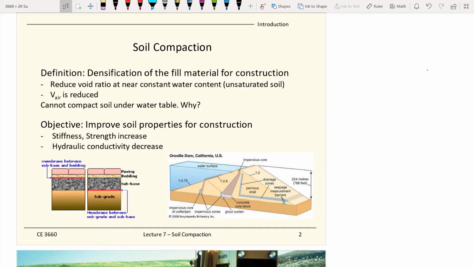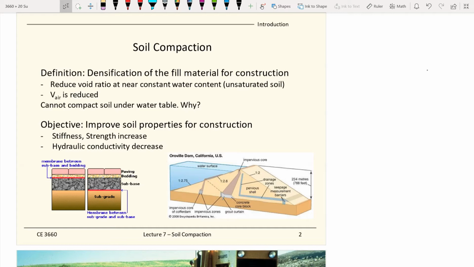So for design, well-graded gravel, or clay-only types of materials. So how do we densify those materials for construction? That's just the topic of soil compaction.